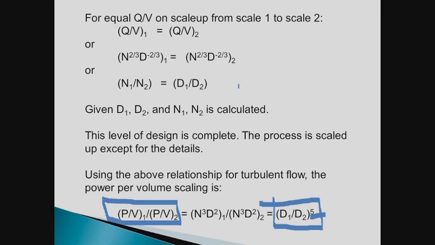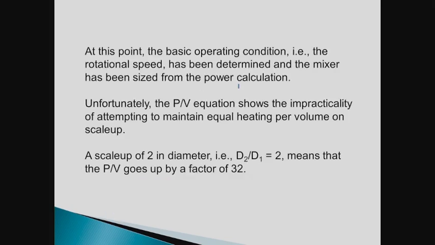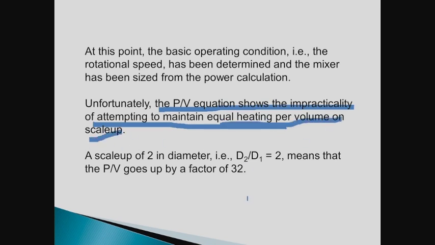And basically it says that the scale-up will fail, right? Unfortunately, there's the impracticality of trying to maintain equal heating per volume on scale-up. You find out that with D2 to D1 a scaling factor of 2, you have power per volume going up by a factor of 32.